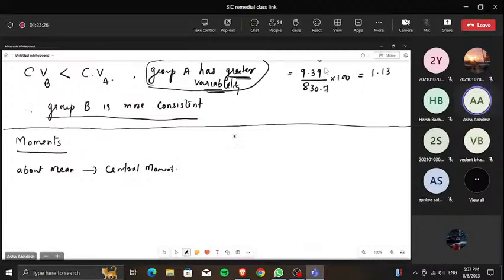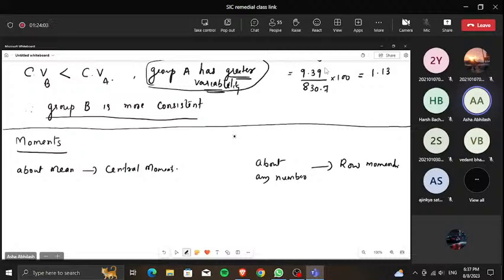Moments about any arbitrary number we call raw moments. So central moments and raw moments are there. The direct definition of a central moment is the arithmetic mean of the deviations from the actual mean.